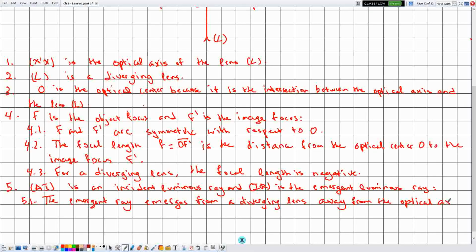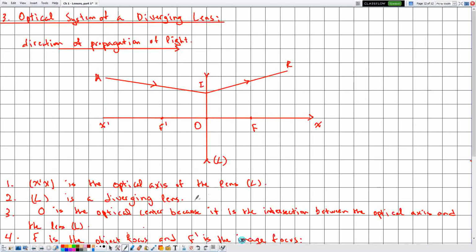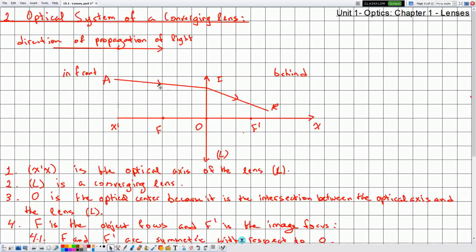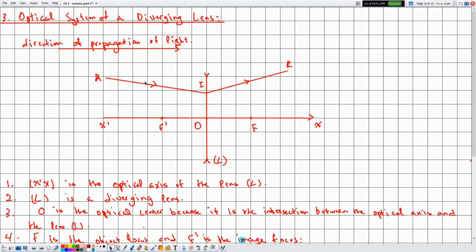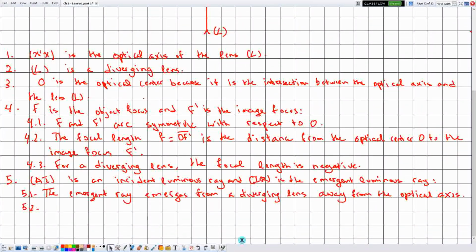And finally, the two more properties of a diverging lens. In the case of a converging lens, we have seen that the incident ray and the object focus are on the same side, whereas the emergent ray and the image focus are on the same side. In the case of a diverging lens, this will be the opposite. The incident ray and the image focus are on the same side for a diverging lens.